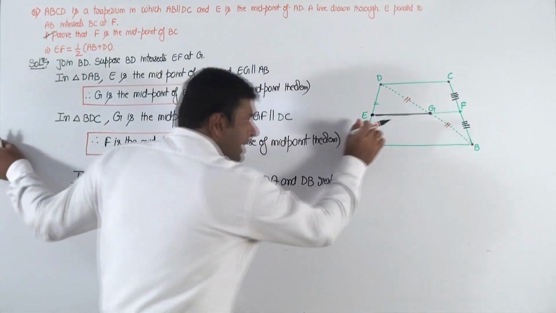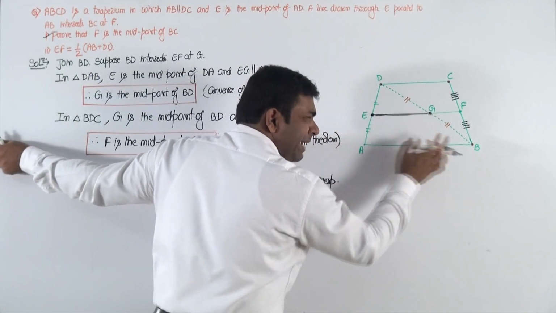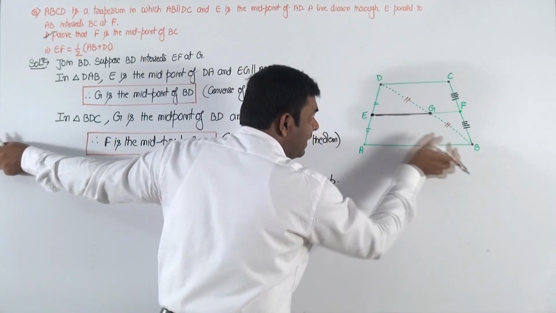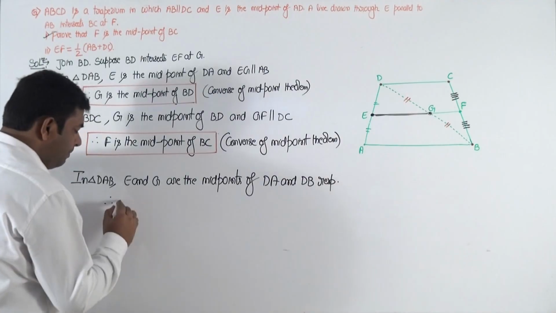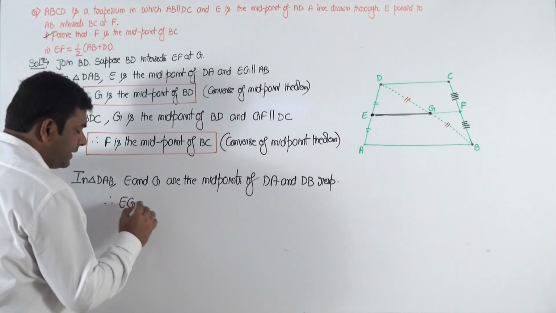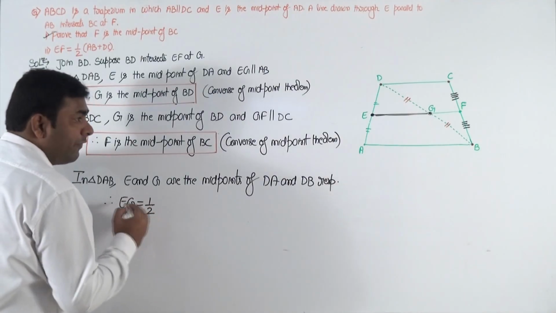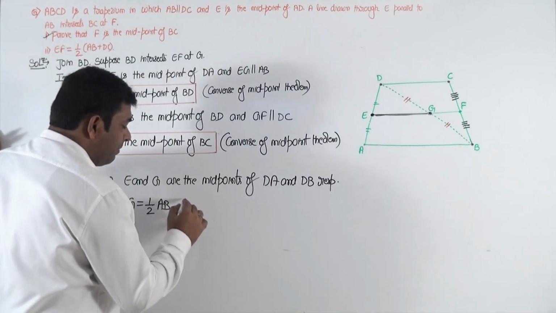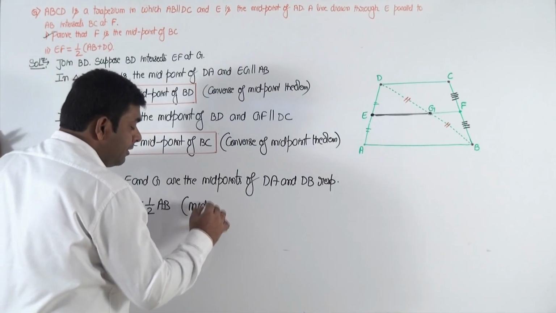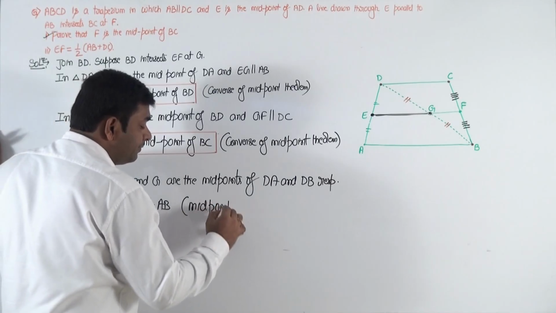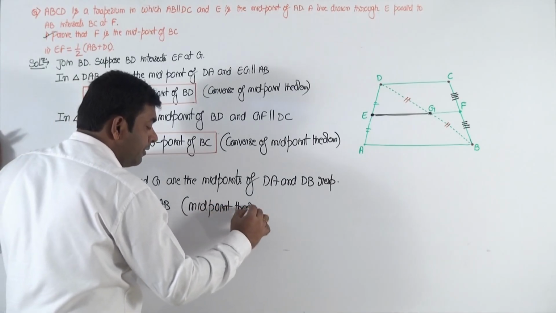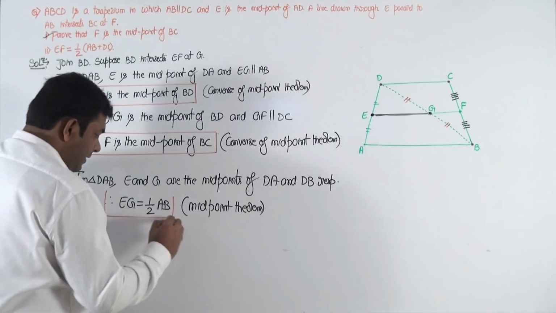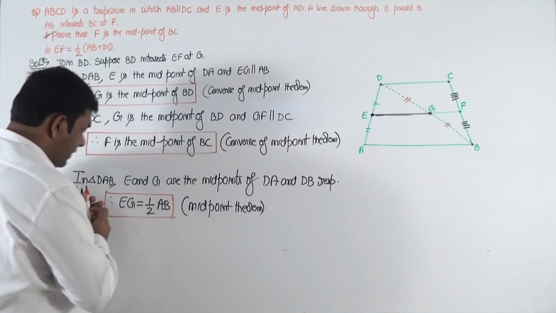Therefore, EG is parallel to AB. Parallel वाला मत लिखना, हमें जरूरत नहीं है. In fact, EG is equal to half of AB. Isn't it? ये कौन सा थ्योरम है? Midpoint theorem. हाईलाइट कर दो इसे इक्वेशन नंबर 1 करके दे दो.